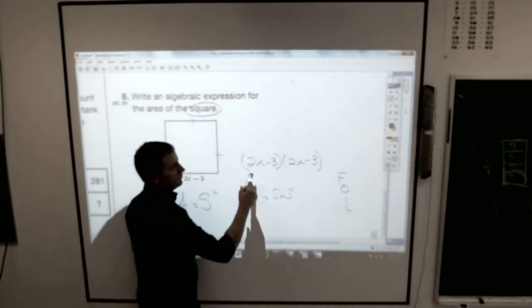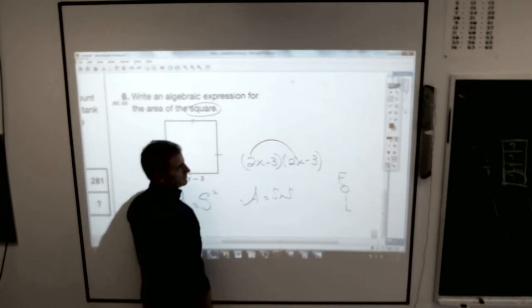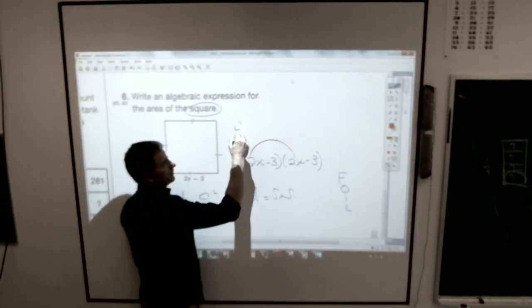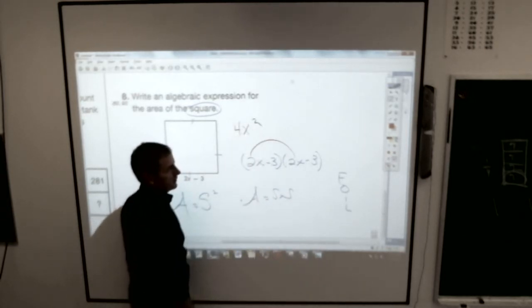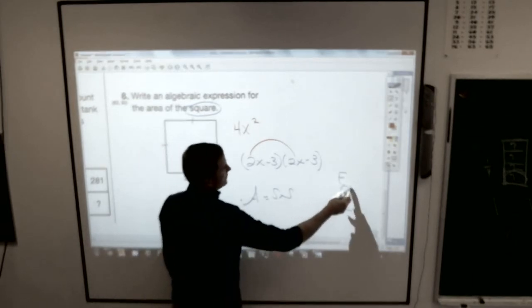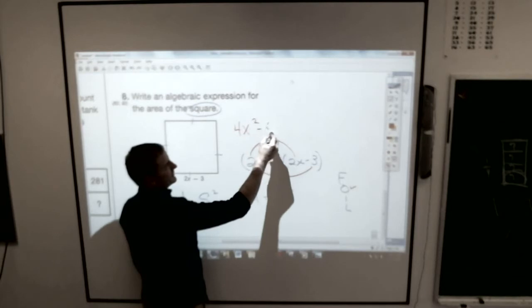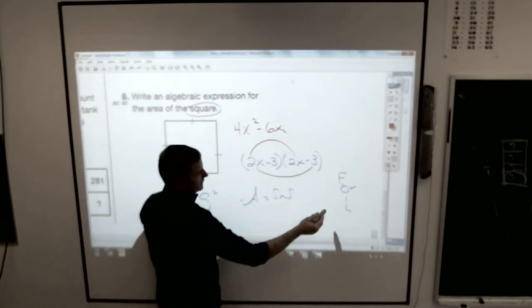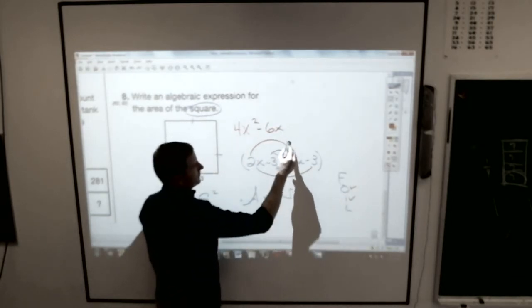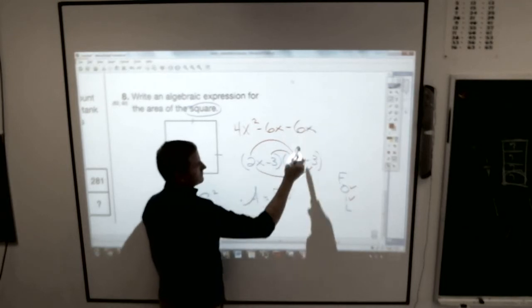If you multiply the 2 first terms together, you end up with 4x squared. If you multiply the outside terms together, you get negative 3 times 2, a negative 6x. In the middle, the inside terms, you get another negative 6x.